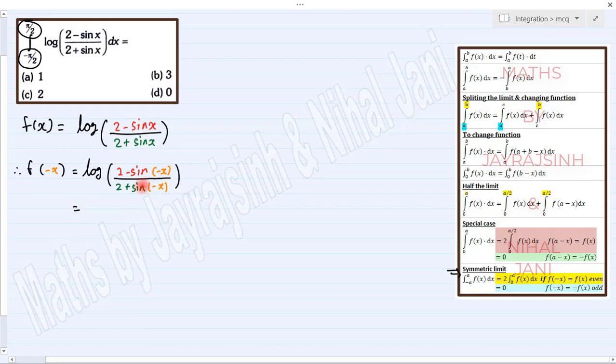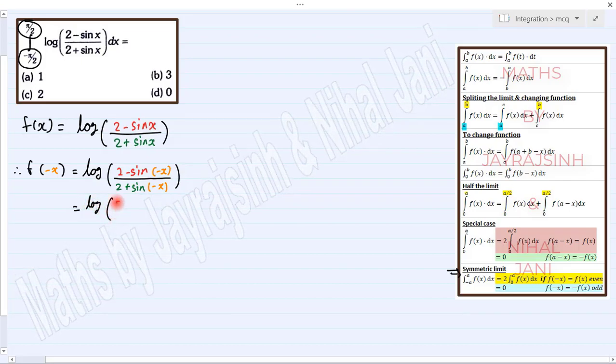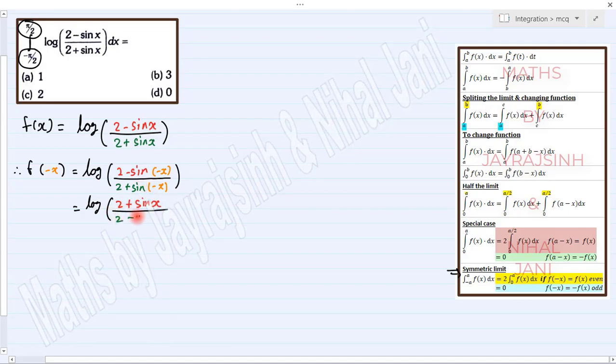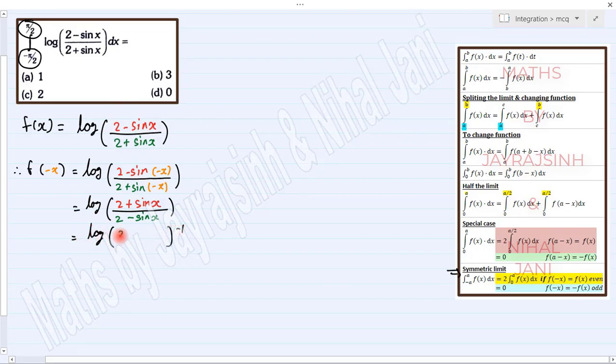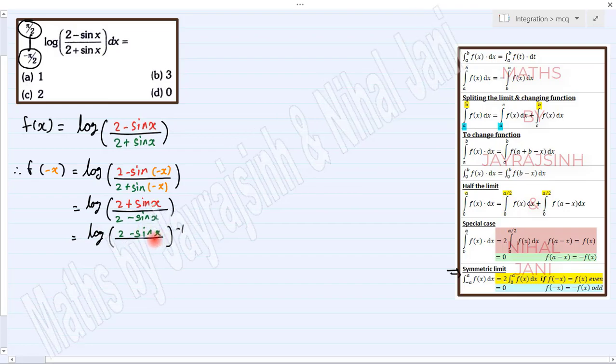Now we know that sine is an odd function. So we will get log of (2 minus minus, which becomes plus, sin x) upon (2 minus sin x). Here, within the bracket, we have the reciprocal of what we have in the function. So let's write down the inverse of (2 minus sin x) upon (2 plus sin x).